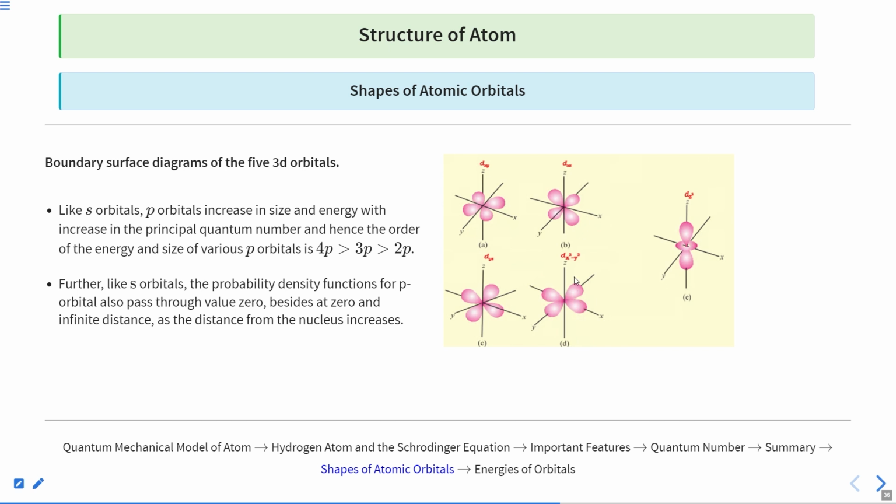In dxy, they are not oriented along the axes, but between the axes. Here they are oriented along the axes, so they are named in a different way: dx square minus y square. Again, dyz lobes are between the y-axis and z-axis. If we talk about dz square, then they are oriented only along the z-axis.